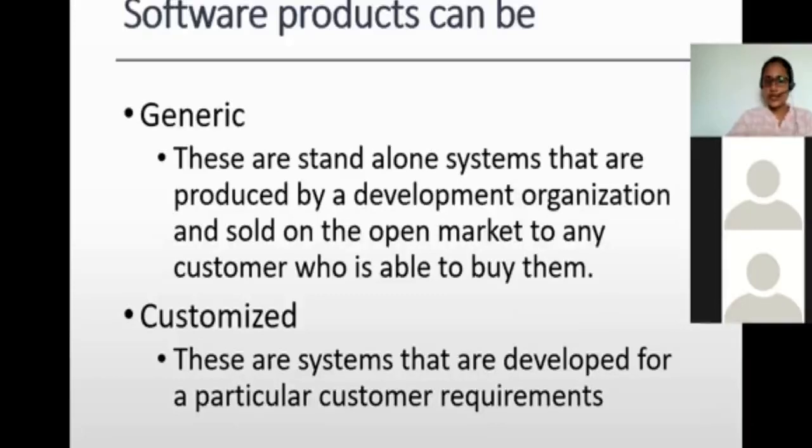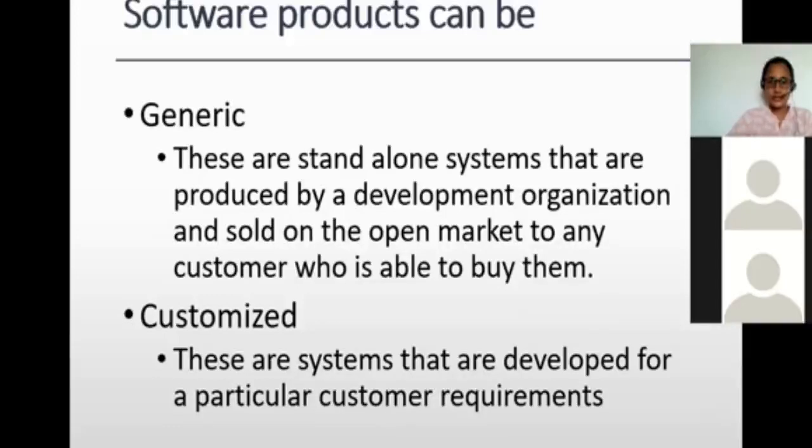So generic software means the people who develop it have identified a common problem in society and they have developed common software and made it available in the open market.